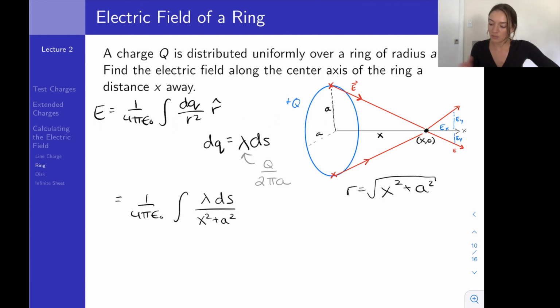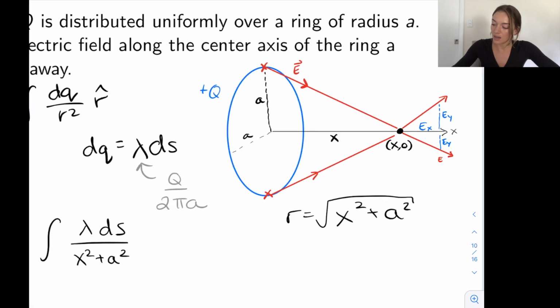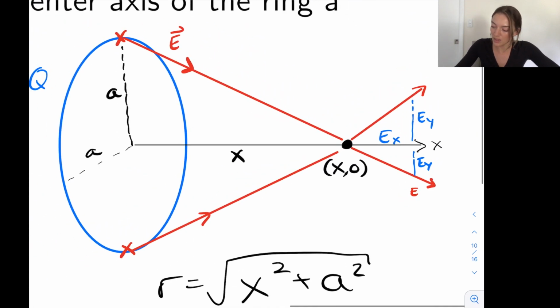So again, now I'm just going to pluck out the x component. This is going to be my electric field magnitude at this point, and I want to pluck out the x component. So again, we're going to use that cosine theta trick, since the x component will be the adjacent side. This is our angle, this is the adjacent side. So this angle theta will be the same as this angle theta. And then we can just use this triangle here.